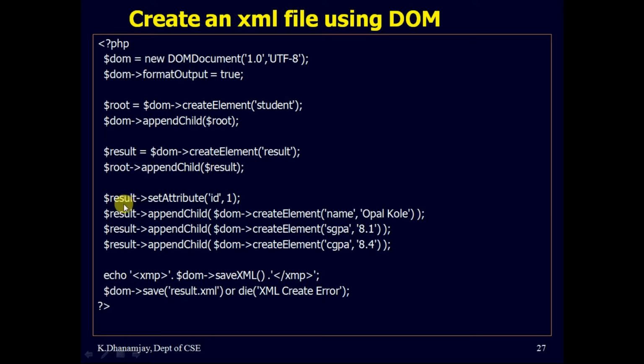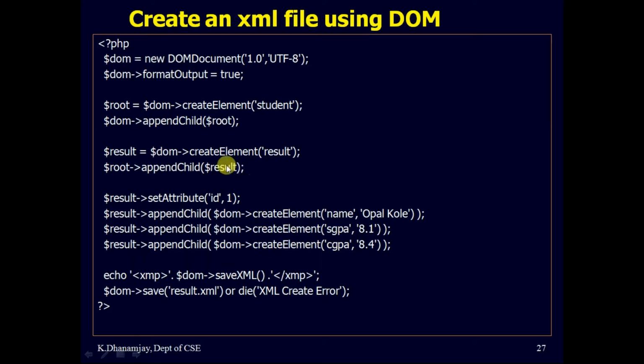And then in result we have to set an attribute, the ID for that result, and then append the child elements like name, SGPA and CGPA. Those three are different tags, and here are the values. They act as child elements for the result.